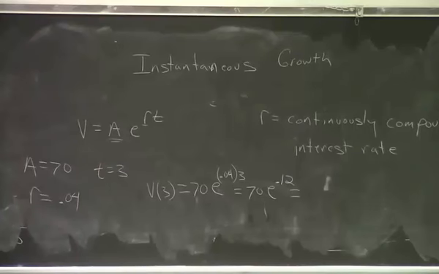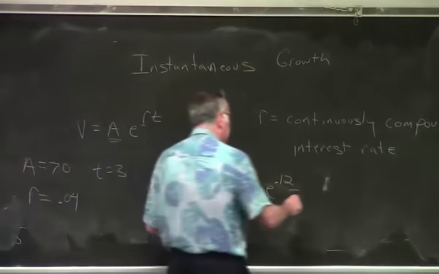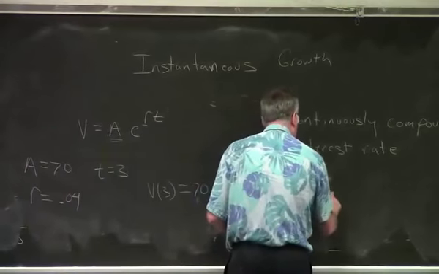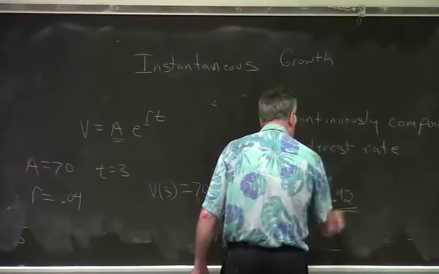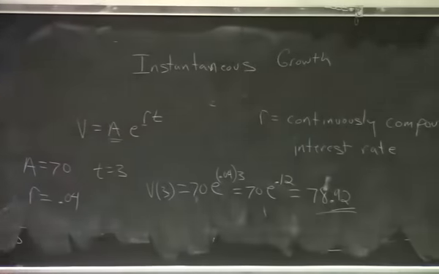Okay, and then multiply that times 70, and I get 78.92 to the nearest penny. If you round off to the nearest penny, 92. Okay. All right.